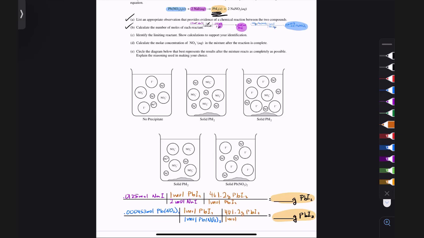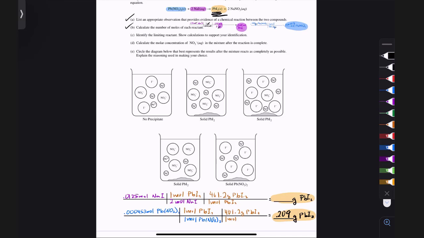If I multiply these numbers together and divide appropriately, 0.209 grams of PbI2 can be made if I were to have started with Pb(NO3)2.